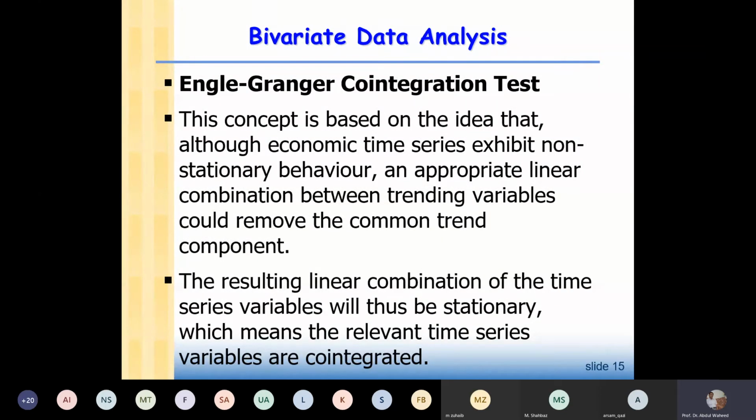Look, the variables are stationary at first difference, but the residual from the regression model is stationary at level. Then we will say that there is co-integration between these two variables and there exists a long run relationship.